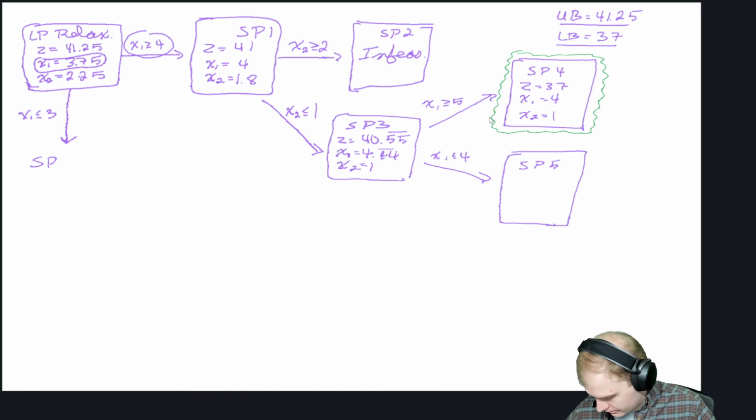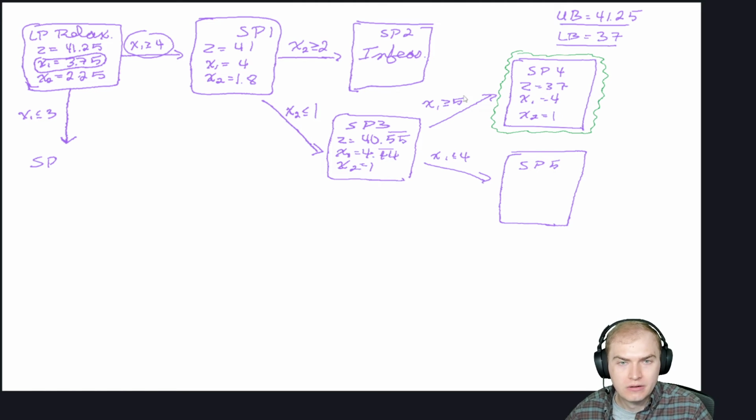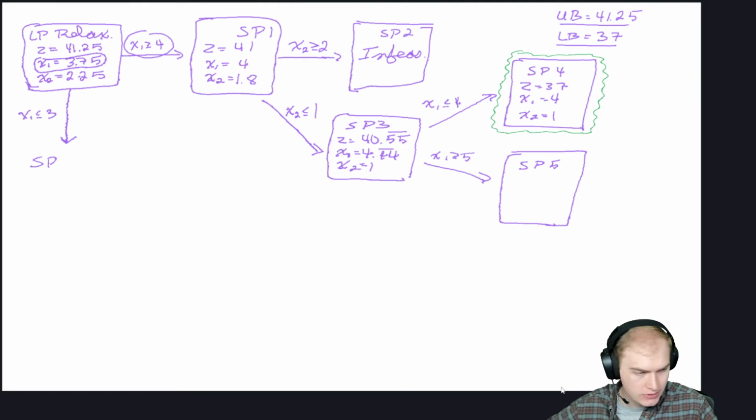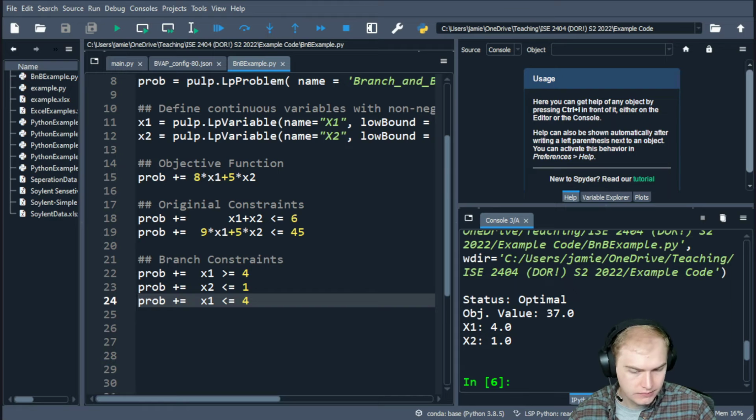Oh wait, I did these backwards. Less than or equal to 4, greater than or equal to 5. So let's try swapping out that constraint for the greater than or equal to 5 version.